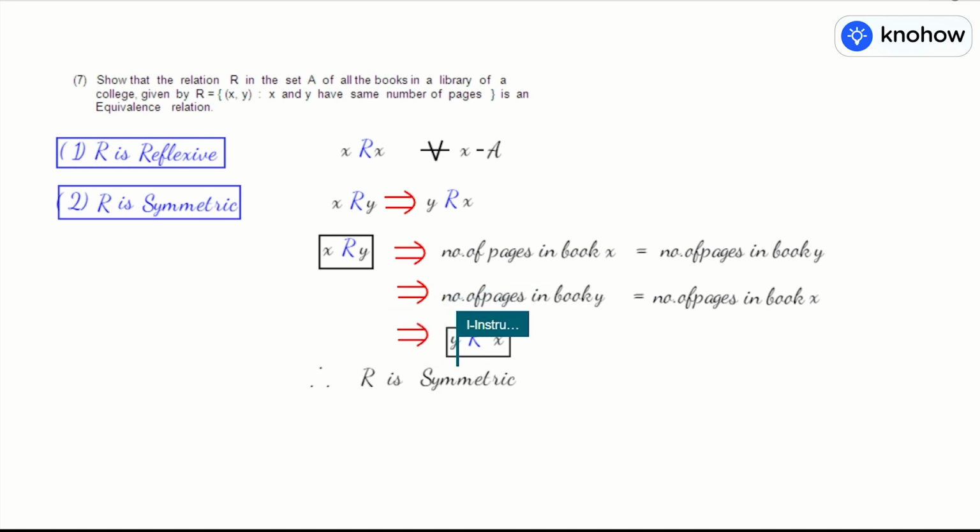And now let us verify third, that R is transitive.